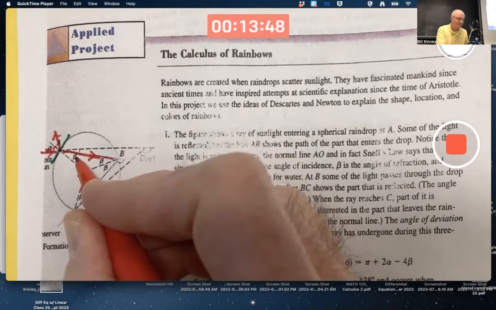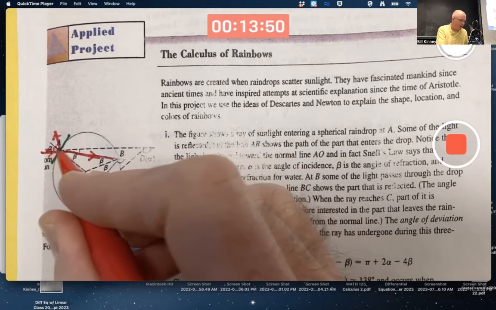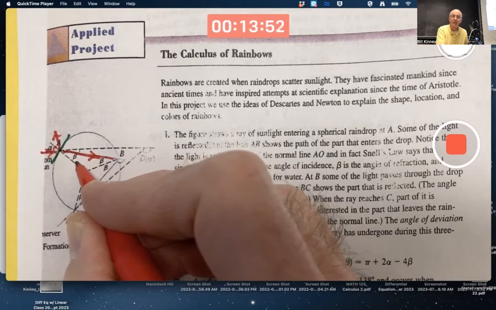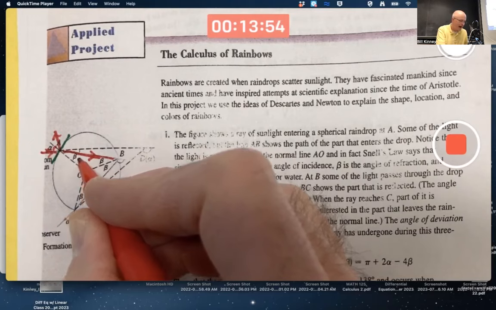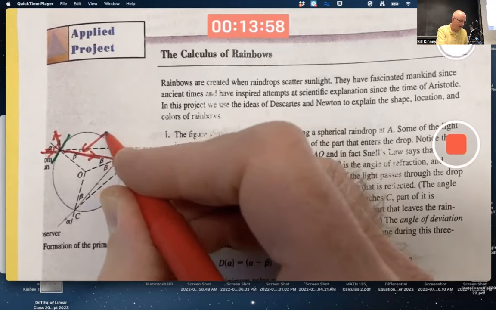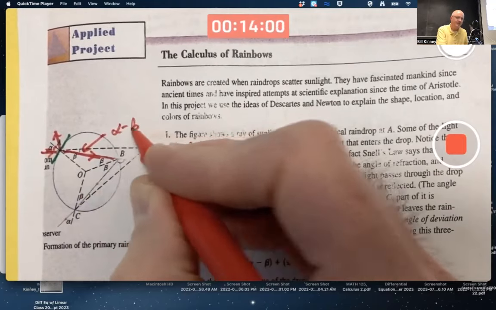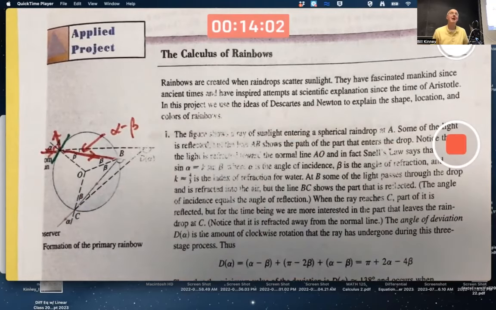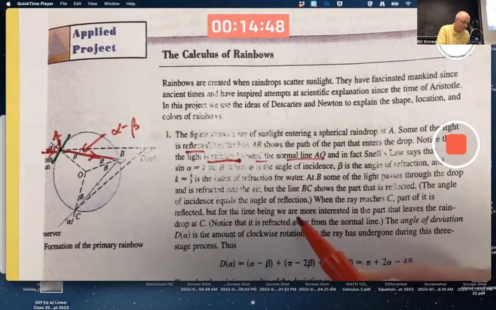It got bent. The angle alpha got converted to a smaller angle beta. And the amount of bending is given by that angle right there. Alpha minus beta is the amount of bending.